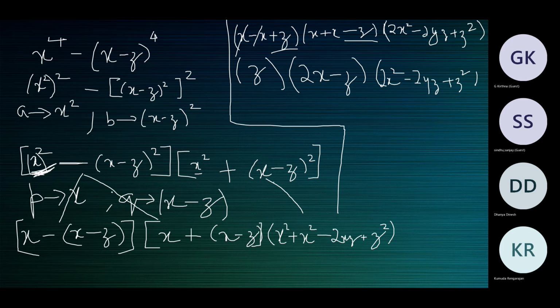Z is a factor of the given expression. 2x minus z is a factor. 2x square minus 2yz plus z square is also a factor of the given expression. Any doubt, children? No, ma'am.